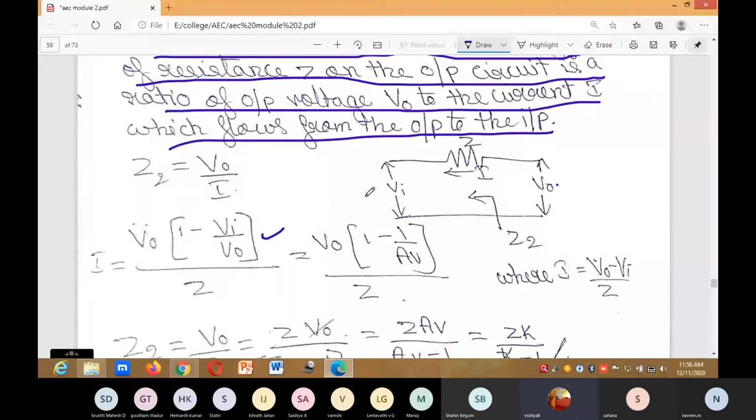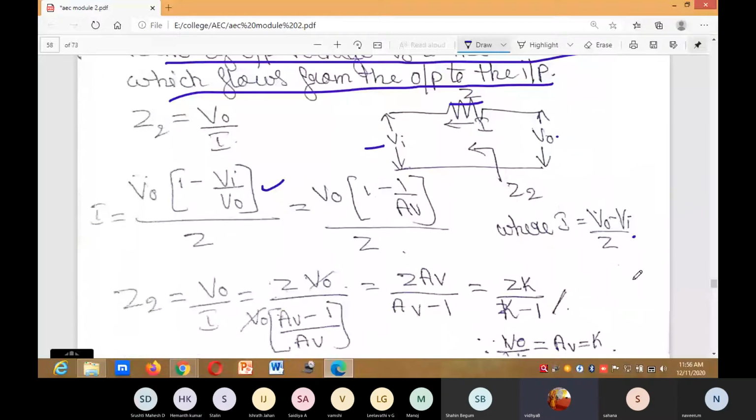V0 minus Vi divided by Z. Okay, I is equal to (V0 minus Vi) divided by Z. This is what you will get.